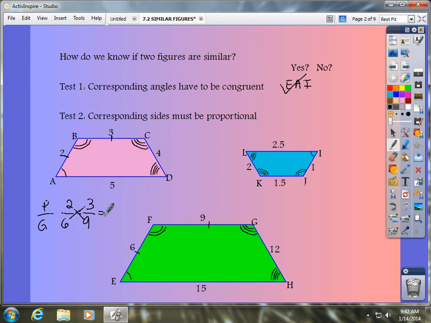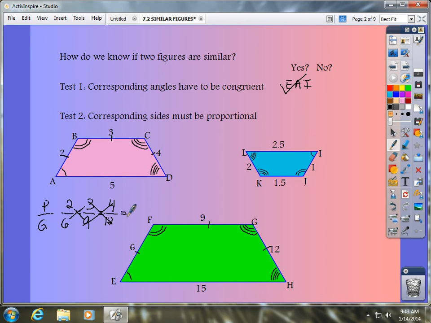Now, between angles 3 and 4, that's 4. And between angles 3 and 4 over here, we have 12. If we cross multiply, we'd get 36 equals 36. So yes, that is proportional.